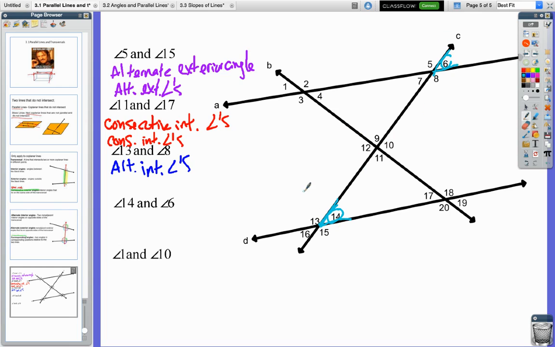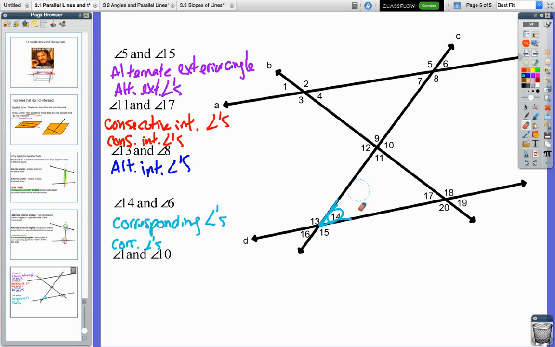Yes. Okay, they're same side. But are they both interior? No. One's an interior angle. What's the other one? An exterior angle right there. That's what we call our corresponding angles. One's interior, one's exterior in this case. So our shorthand for this would be corr angles, like that. All right, good job, y'all.